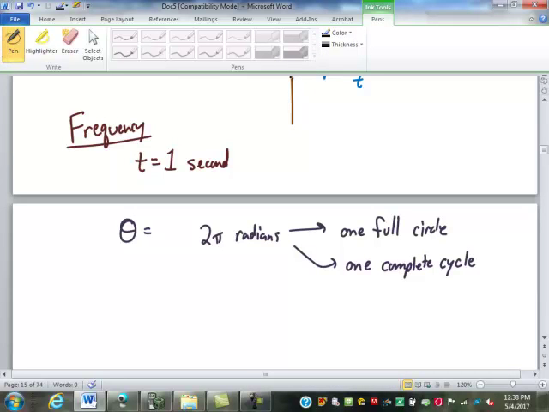So frequency can be calculated in a lot of different ways. Frequency, remember, I kind of set it up here, but I didn't put it in terms, is the number of cycles per second.